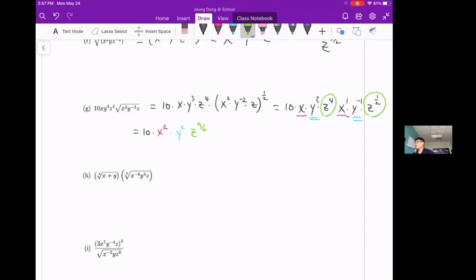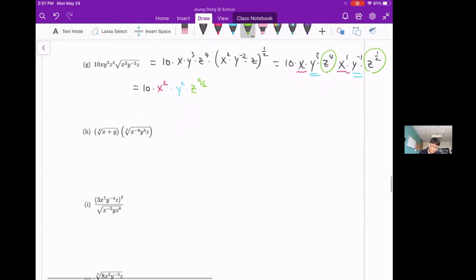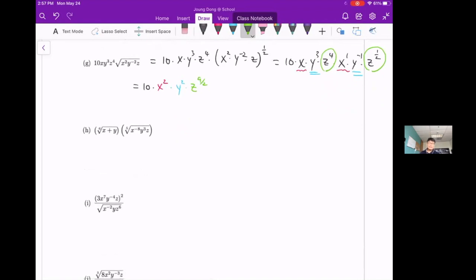So let me move to the next one. Problem H, same process, okay? We're going to take care of the radical function first, okay? Look at the first parenthesis. Oh, the radical function with index 6, right? Then it will be x plus y to the 1/6, right?